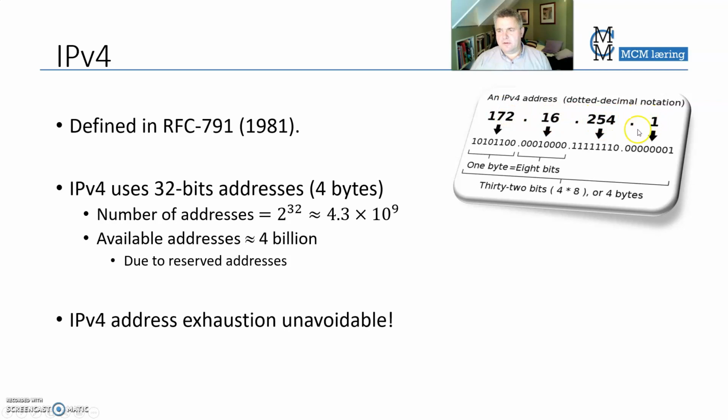So it's a number between 0 and 255, because 2 to the power of 8 is 256, and if you have only ones you have 255, and only zeros you have 0. So from 0 to 255 there are 256 numbers.